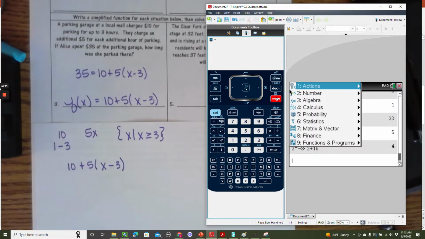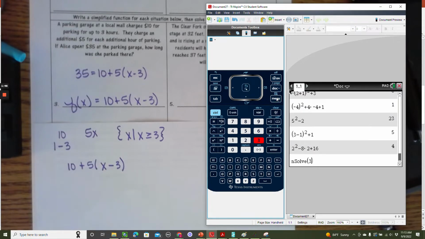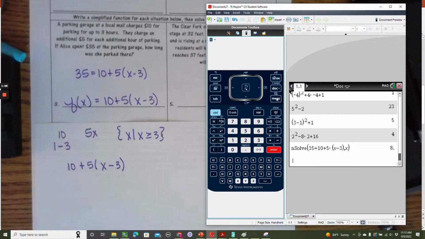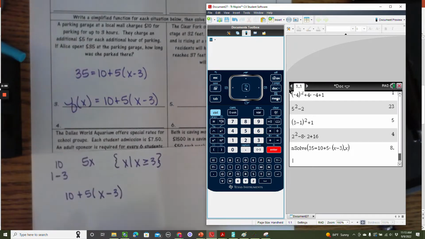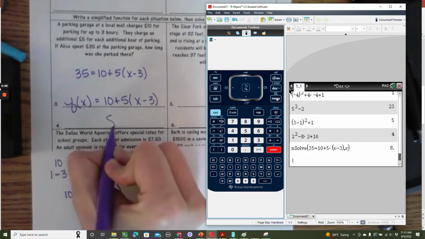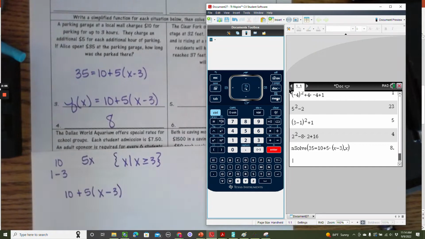So menu 3-1, and then I type in my equation, and then comma x. Make sure that you tell it what letter to solve for, and it's got to be the letter that you used. So it's 8. And so when you get into the Google form, your answer is going to be 8. You don't have to put hours. You don't have to put anything else in there.